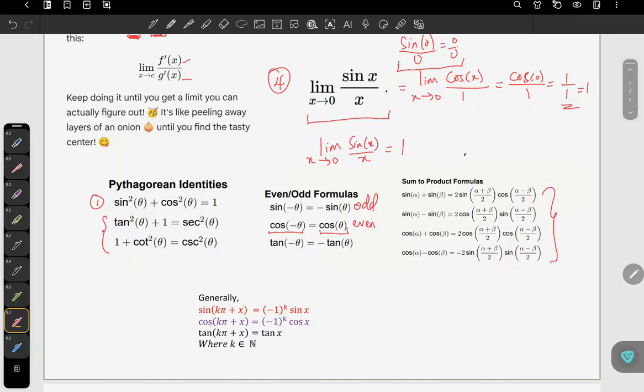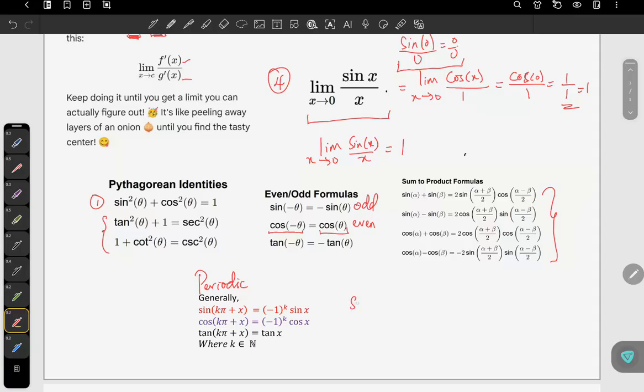And generally, sine of k pi plus x is equal to minus 1 raised to power k times sine x. This borders on the fact that sine, cosine and tan functions are periodic in nature. Then cos of k pi plus x is equal to minus 1 raised to power k times cos x, while tan of k pi plus x is just tan x, because the period of the tan function is pi.